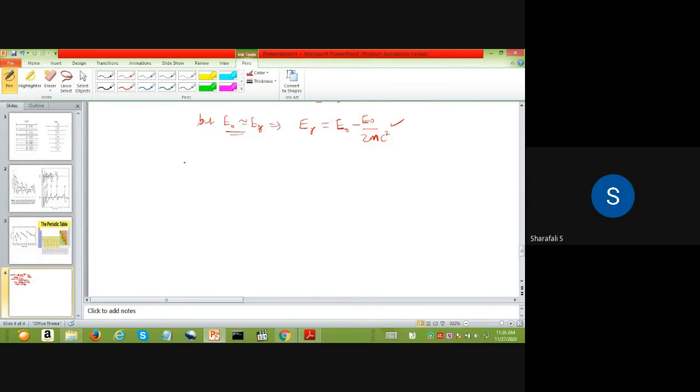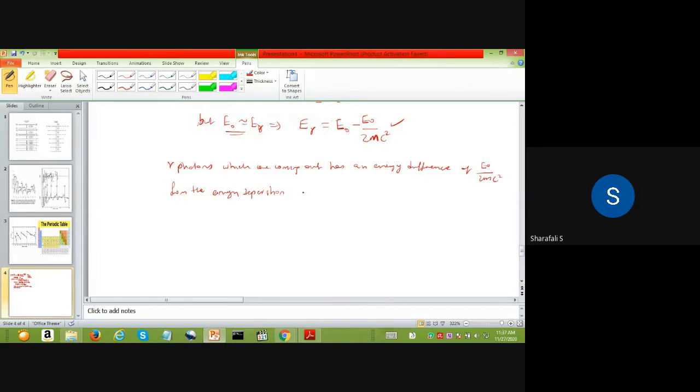So from this we can say that the gamma photons which are coming out have an energy difference of E0 by 2mc square from the energy separation.